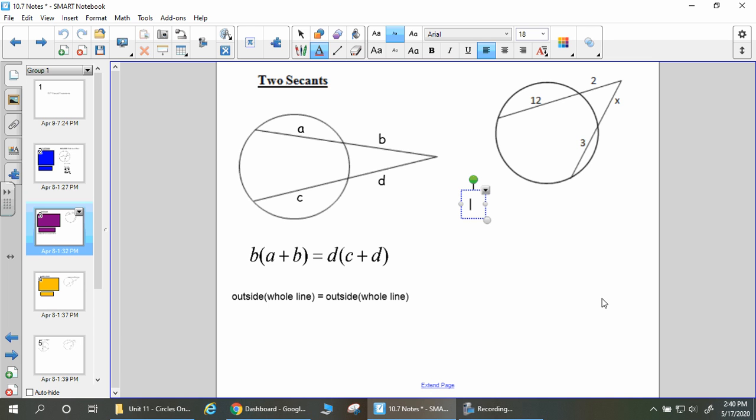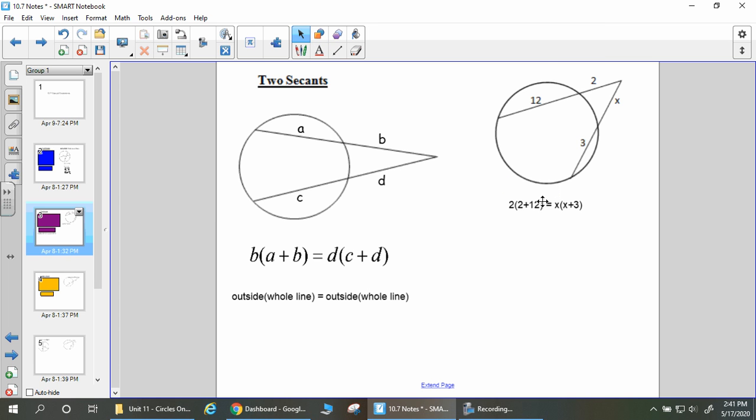So if I take that approach over to this picture, 2 is outside, 2 plus 12 is my whole line. X is outside, x plus 3 is the whole line. Okay, that's what we are looking for, right?